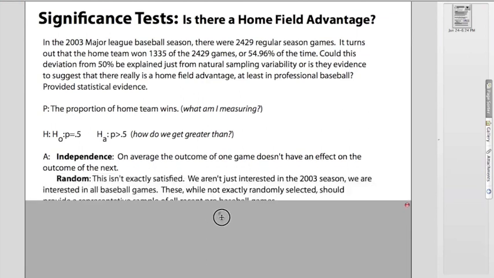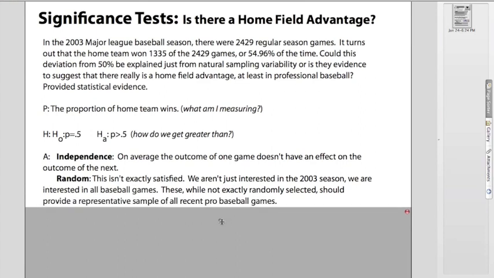This one's a little tricky for this particular example. This one isn't technically or exactly satisfied, because we took the entire season of 2003. Now I'm not interested in just 2003. I'm interested in any game ever played in terms of Major League Baseball.